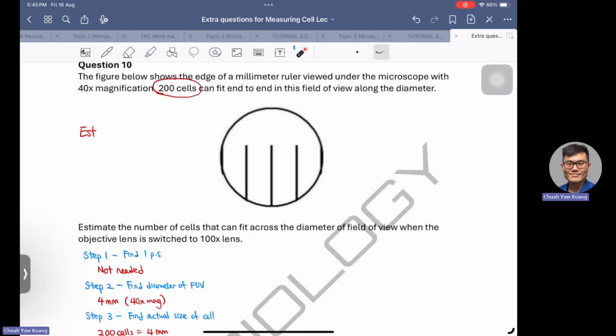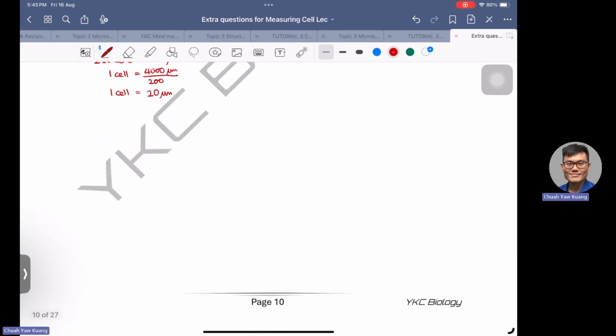Okay, so what you can know is that, I will write it down here. When we zoom in, when you zoom in means that we increase the magnification. We are going to see a smaller area.